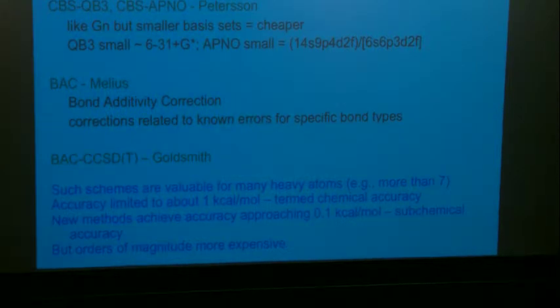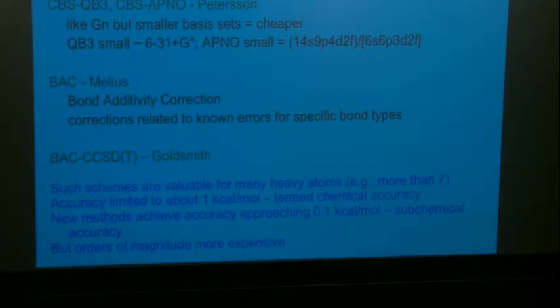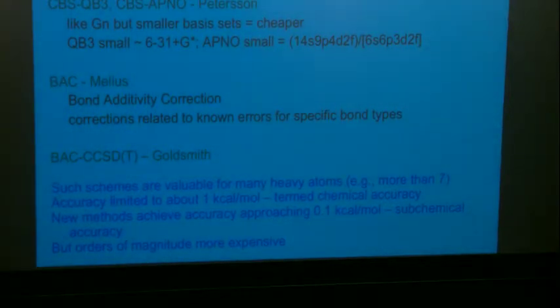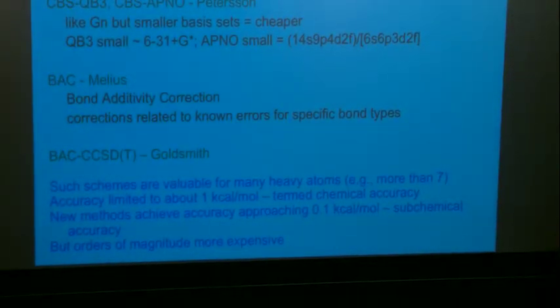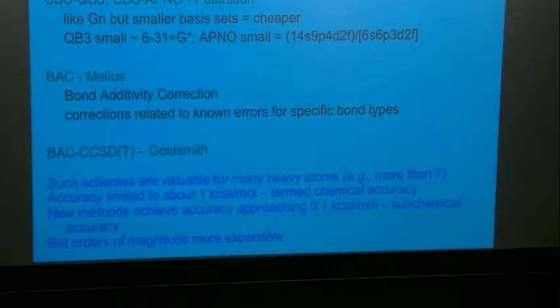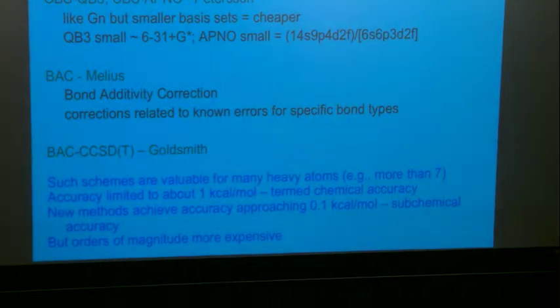And with things like MP4, you can get qualities that are almost like some of these higher level methods. Franklin Goldsmith and Bill Green took this idea and applied it to coupled cluster evaluation, or more precisely QCISD(T), which is just another version of coupled cluster. And that turns out to give nice high accuracy.